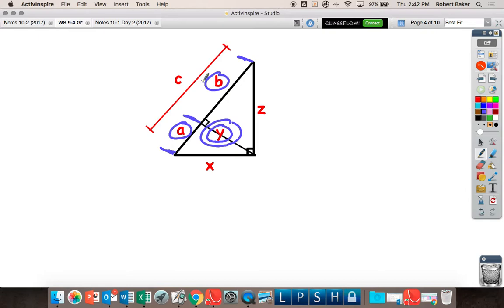That's why it's called the altitude segment theorem. Would that have helped anybody? No. Yeah, that's what I thought. So A over y equals y over b. That's how you will always solve for y. That is only for the altitude inside the triangle. It goes outside over inside, inside over outside.